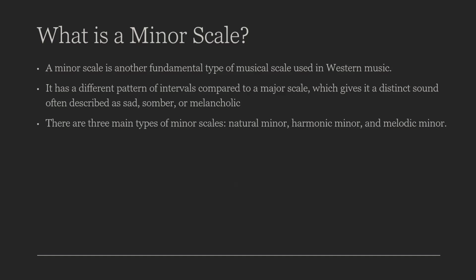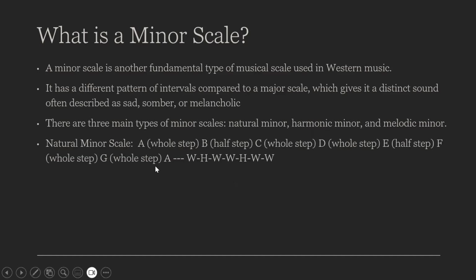There are three main types of minor scales. One, the natural minor. Two, the harmonic minor. Three, the melodic minor. These are the three types of minor scales in which music can be written.